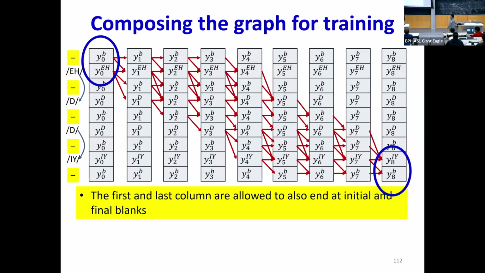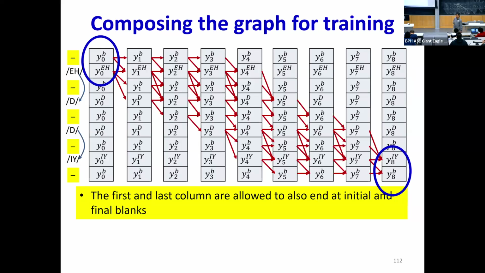How so? First, the first and last columns are also allowed to end at initial and final blanks. Okay? And so you have 2 possible start points, the blank or the initial E. But then if you go through this graph, every path through this graph represents a valid alignment of eddy to the input with blanks considered, right?